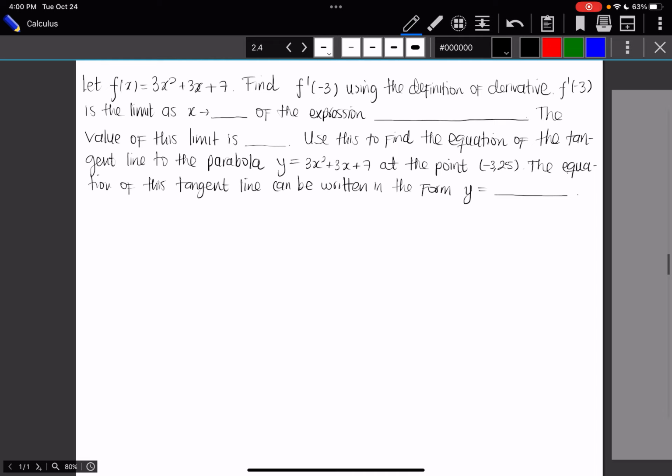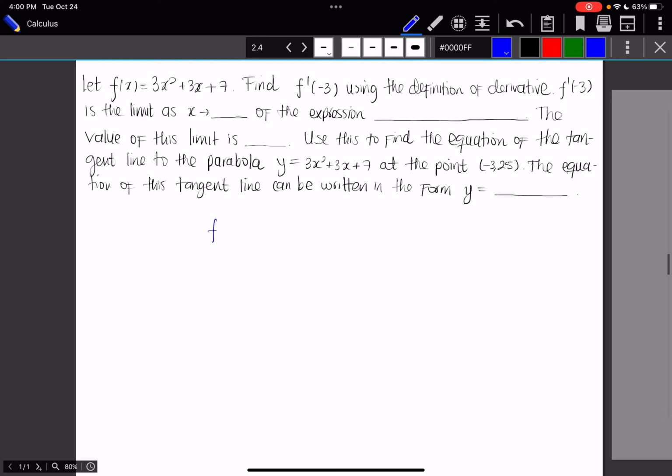So we have, let's see, find f prime of -3 using the definition of derivative. Now there are two definitions that are equivalent that we need to keep in mind to solve this part of the problem.